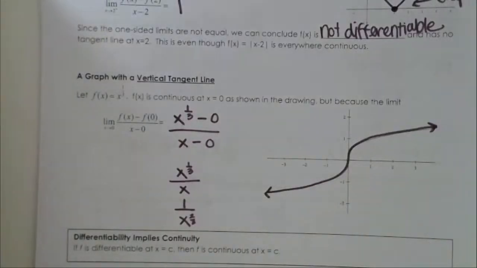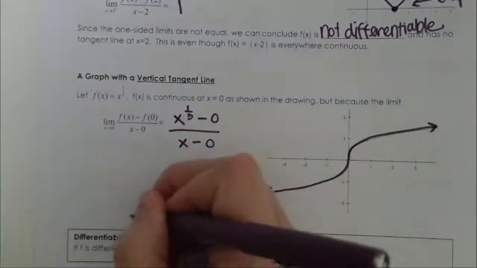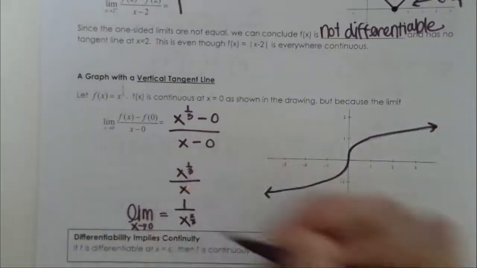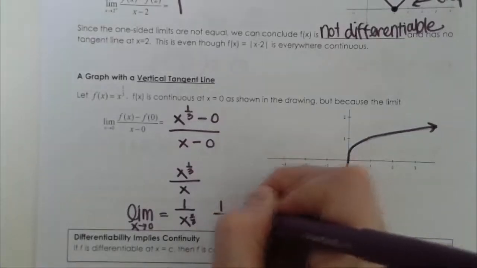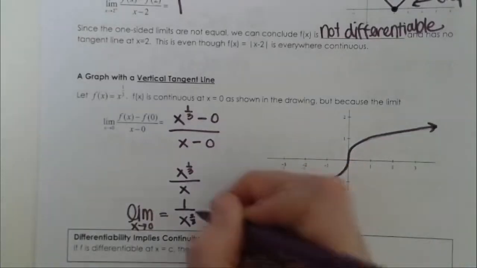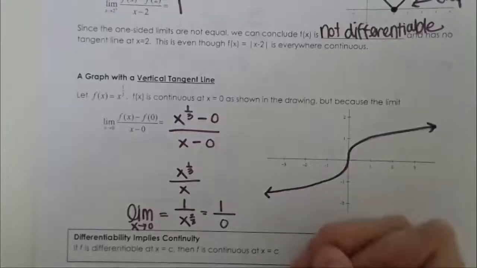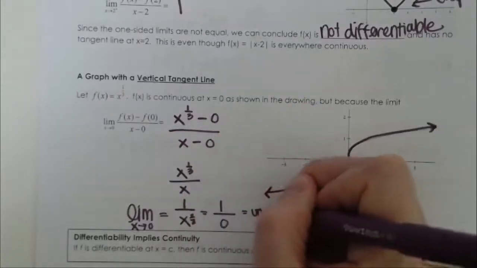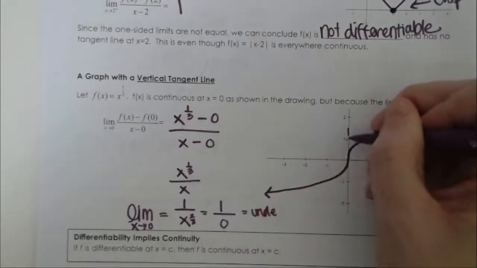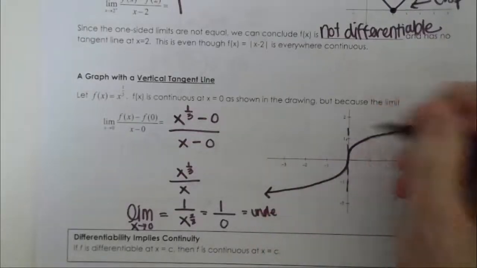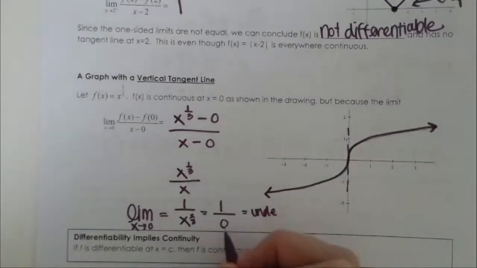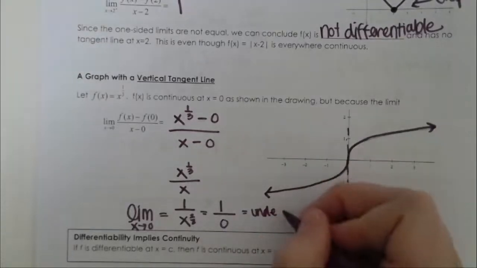So now I can do the substitution for that limit as x approaches 0. Well, 1 over 0 to the power of 2/3 is 1 over 0, and even after simplifying, it's giving me undefined. This vertical tangent is what we've got with the 1 over 0 being undefined.